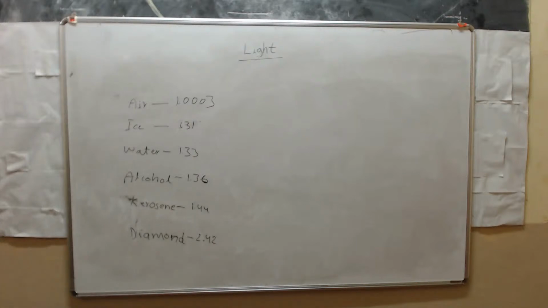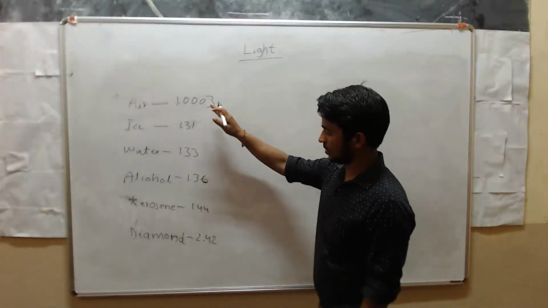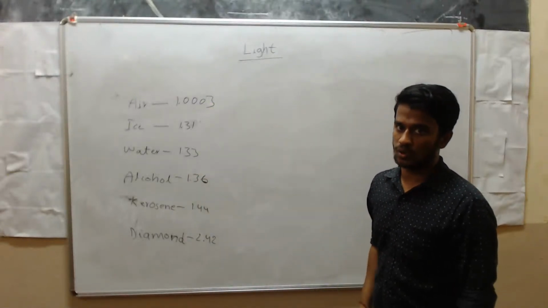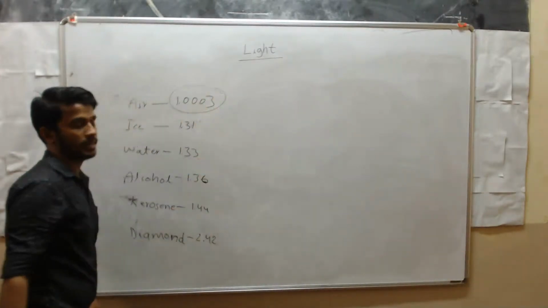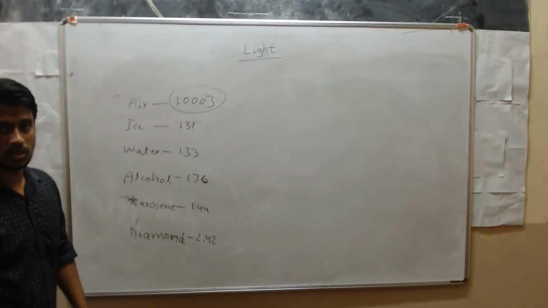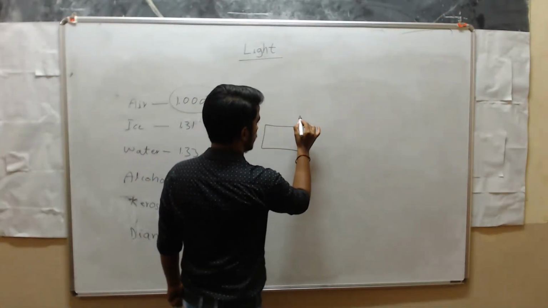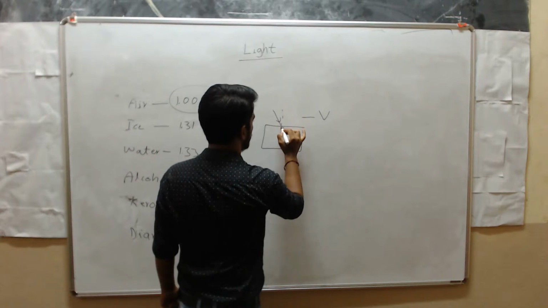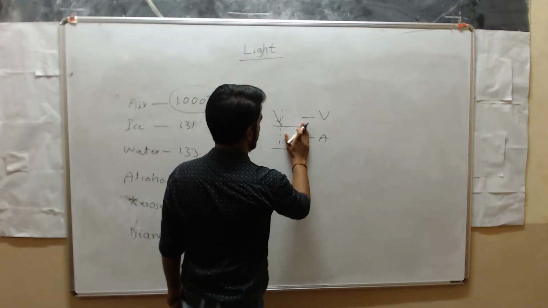Okay, see, these are obtained by considering one of the mediums as air or vacuum. See here, the refractive index of the air medium is 1.003, which means here they have considered one as vacuum and the other as air medium.